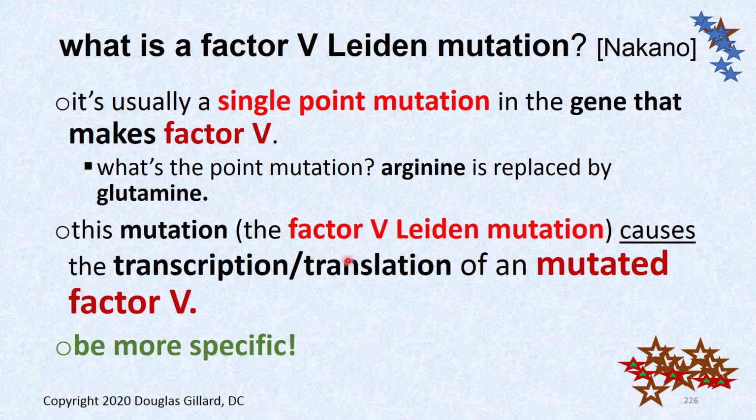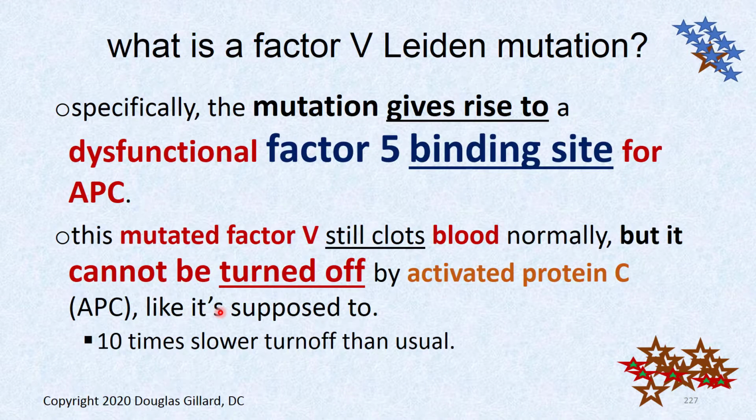All right, so this mutation, the factor V Leiden mutation, causes the production, the transcription, translation, central dogma, of a screwed up factor V. Can we be more specific? What exactly is wrong with factor V?